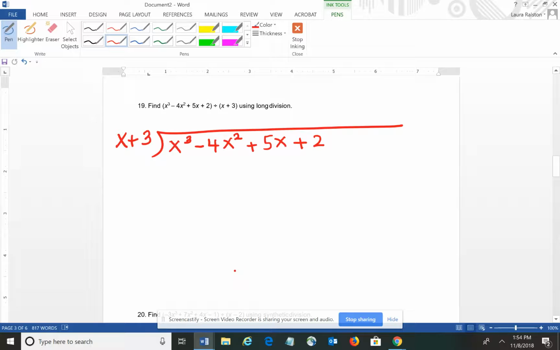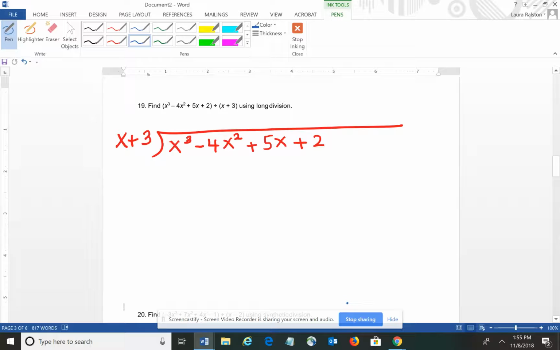One thing I want to point out: notice how it goes third, 2, 1, and then no exponent. You should always have your dividend as well as your divisor in descending order of exponents, and you don't want any missing pieces. If you skipped from 3 to 1, you'd have to fill in with a 0. So we begin the process.